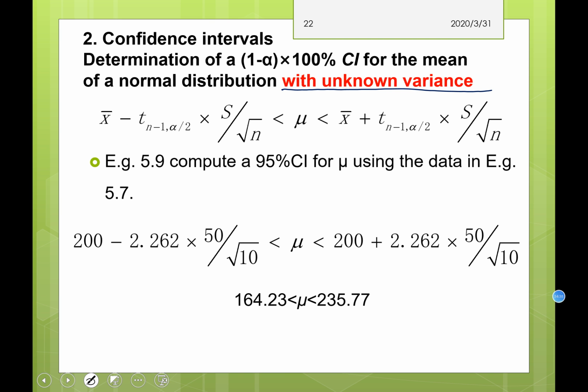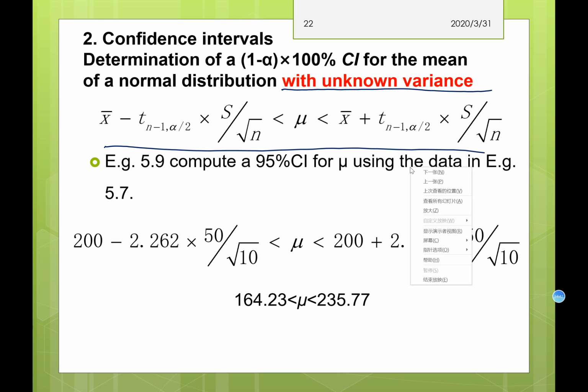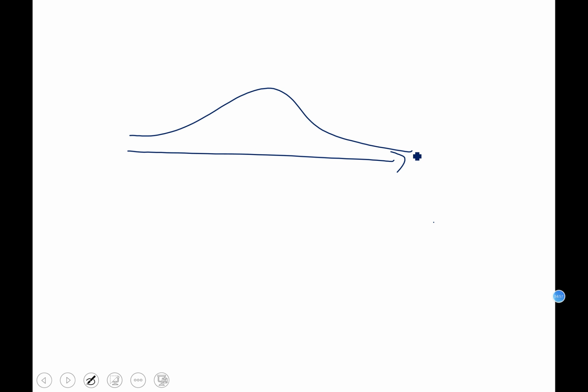Okay, so it's the same as what happened in the z-test. Now I will explain how we can get the formula. It's similar to the z distribution. So do you remember the z-test for confidence intervals?